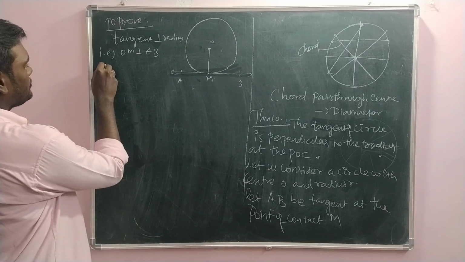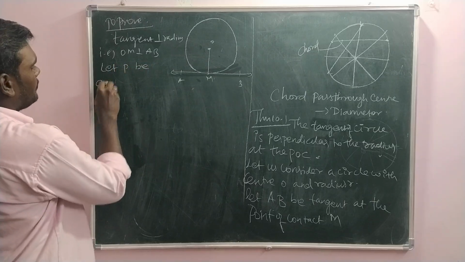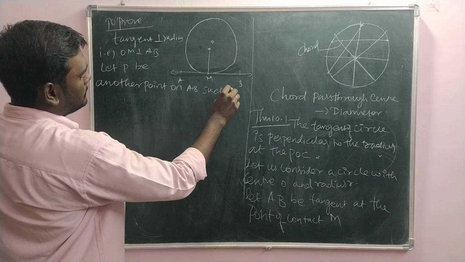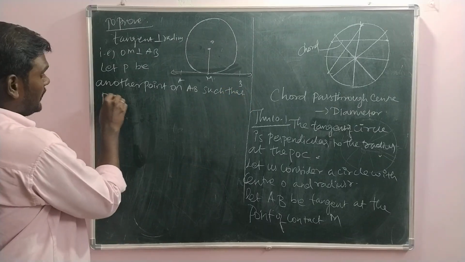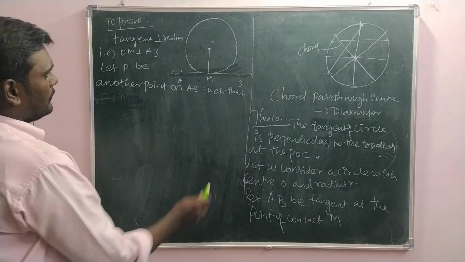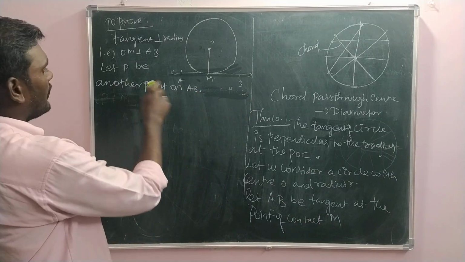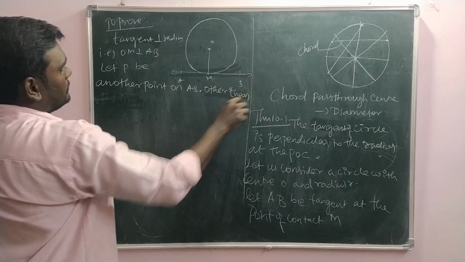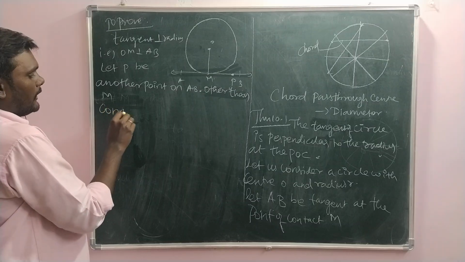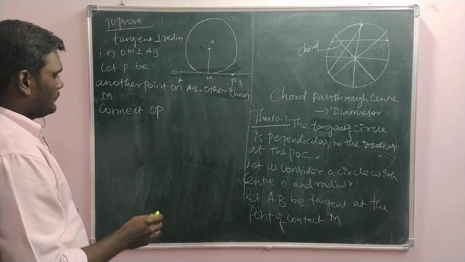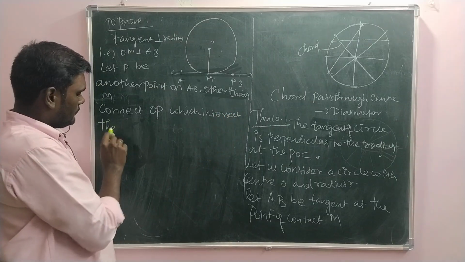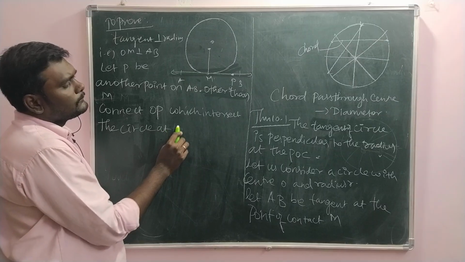Let us consider a point. Let P be another point on AB other than M. Here I am taking the point P. Now we join OP, which intersects the circle at R, let us say.